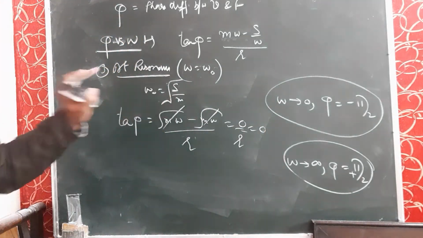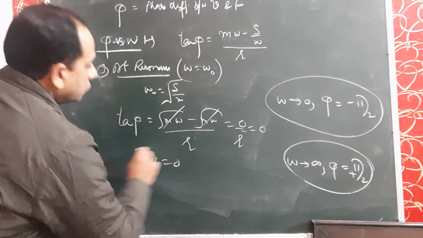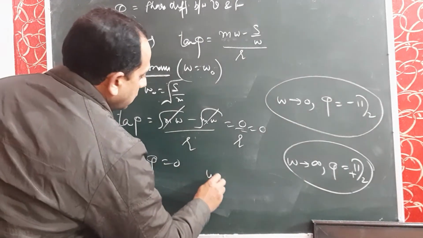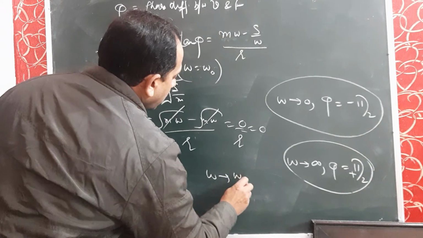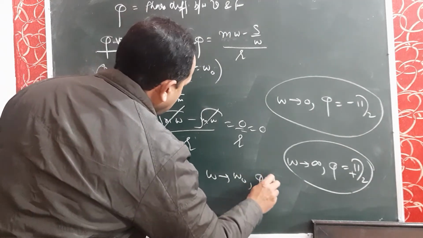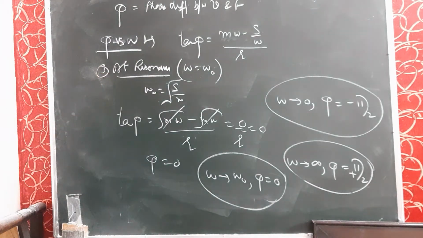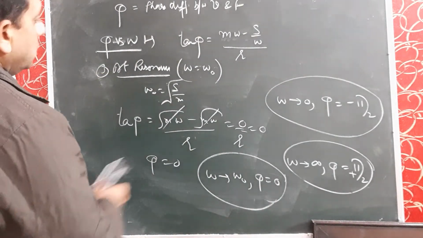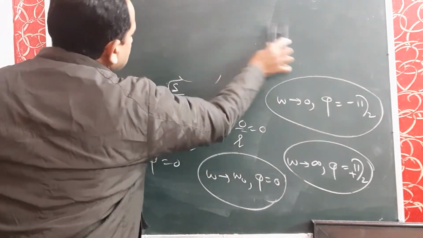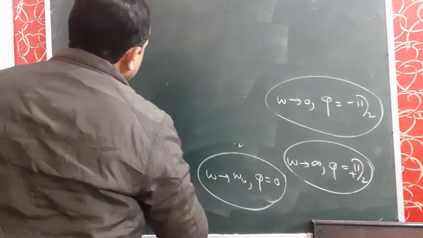So tan phi becomes 0 and phi is also 0. This is the third point: when omega becomes omega naught, phi becomes 0. So these are three coordinates, and these points can be shown in a graph.